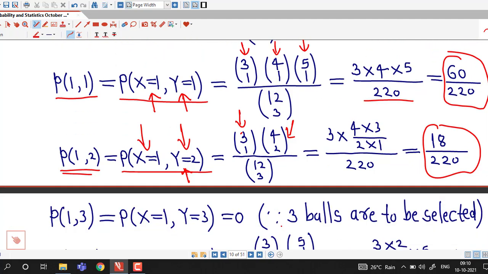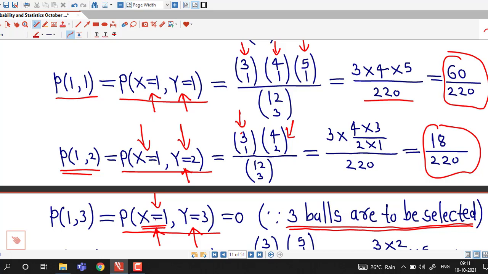Next probability is the probability of 1 red ball and 3 white balls, but we are selecting only 3 balls. The random experiment is to select 3 balls out of 12 balls. So if we consider this event, then this event is to select one red ball and 3 white balls.